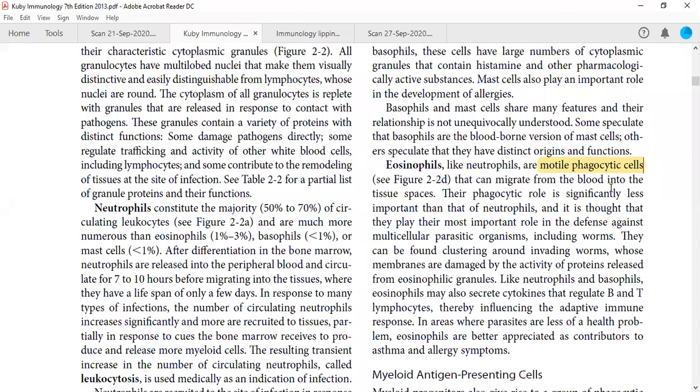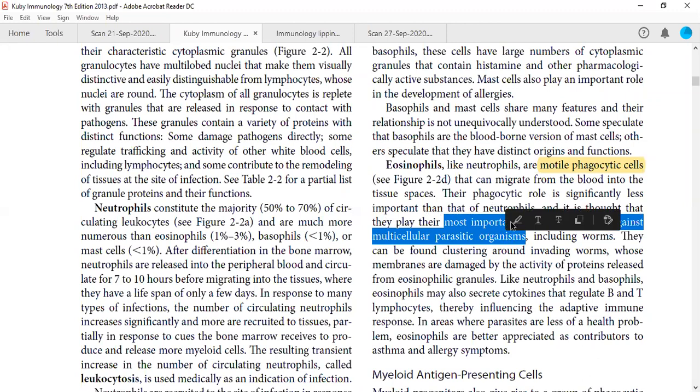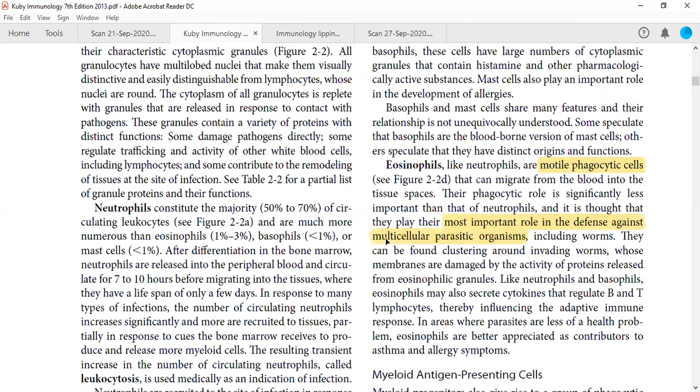Their phagocytic role is significantly less important than that of neutrophils. It is thought that they play their most important role in the defense against multicellular parasitic organisms, including some worms.